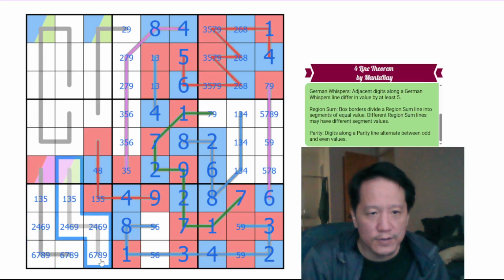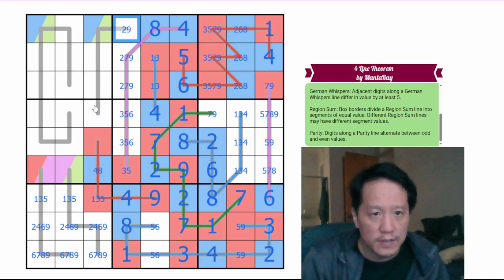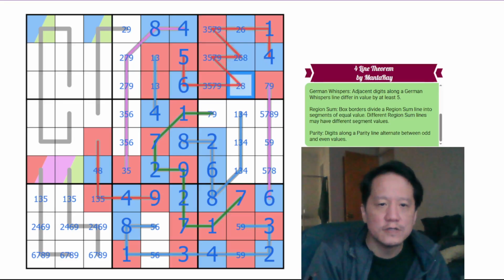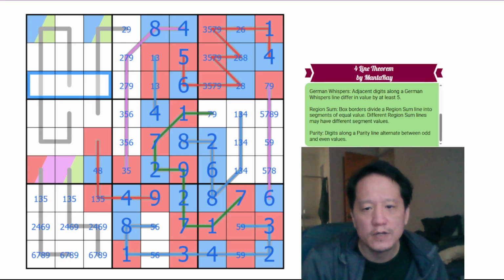What about this? If this is 9, I guess it could be a Whisper 5 line too here. This can't be 8. No 6 here. Where is the 4 in row 3?